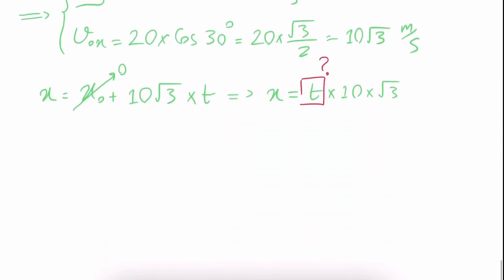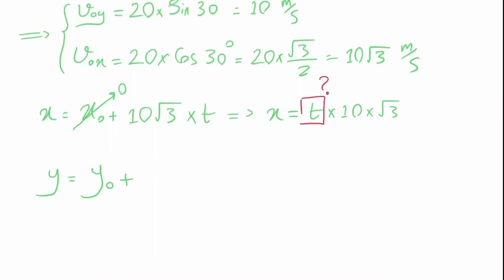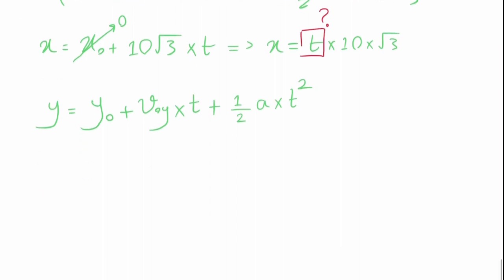We have y equals y0 plus the initial speed times t plus half of the acceleration times t to the power of 2. And again, we choose y0 to be equal to 0.